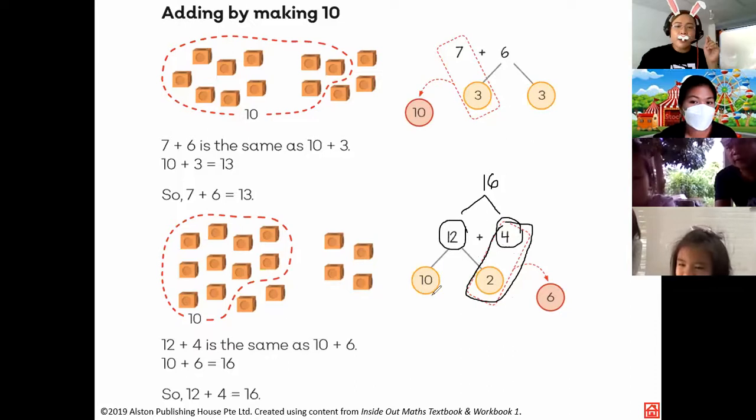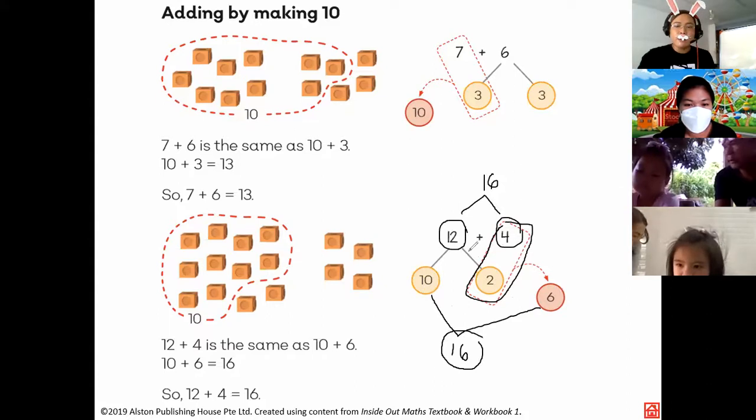If we combine 10 and 6, that will make 16. It's the same: 12 plus 4 is equal to 16, and 10 plus 6 is equal to 16. Do you understand? Yes, I do. No, I don't.